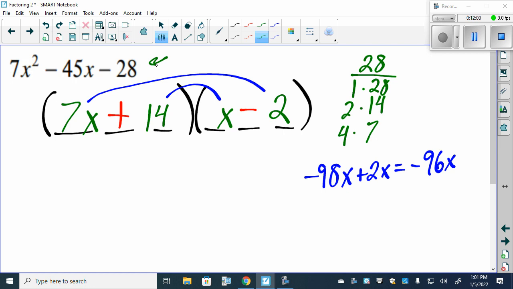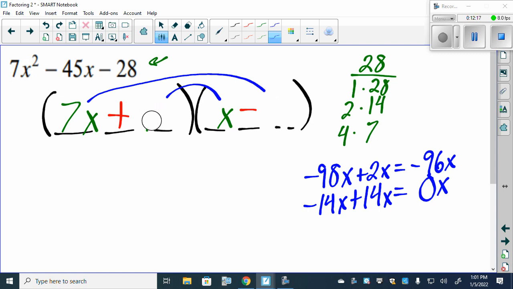And if we did try this to see if it worked, 7x times negative 2, yep, 14x would give us 0x. So since we tried all the combinations with 2 and 14, that won't work. Which one can we try instead? 4 and 7.